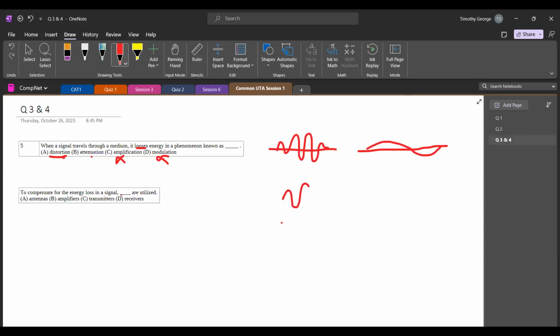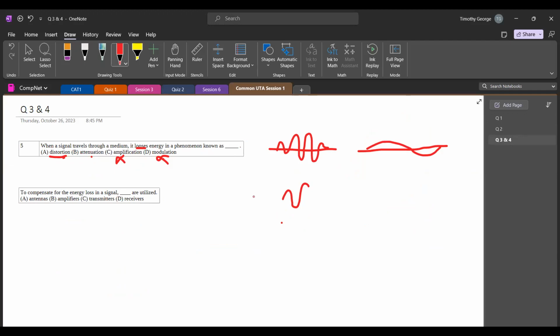Yeah, we were doing this question. This is actually just theory only. After this, we can move towards some more numerical based questions. Just quickly, we were talking about losing energy and distortion.